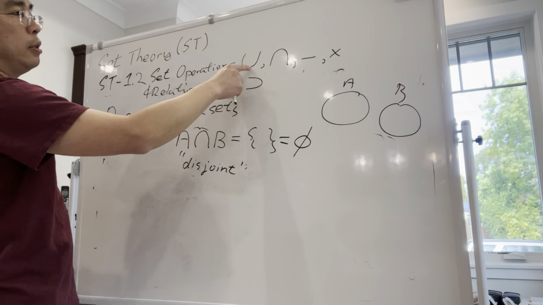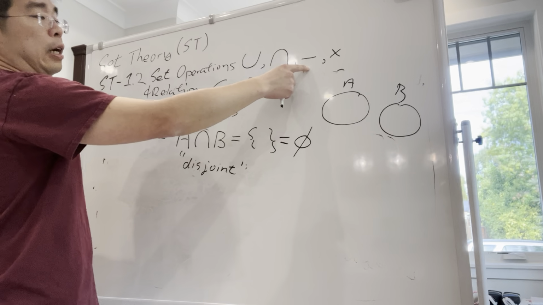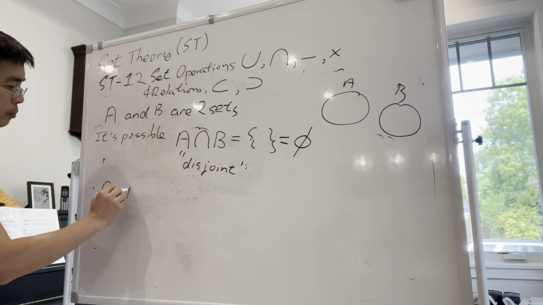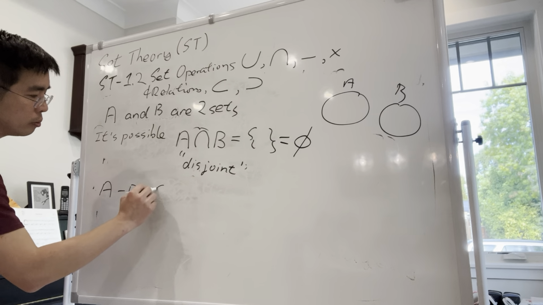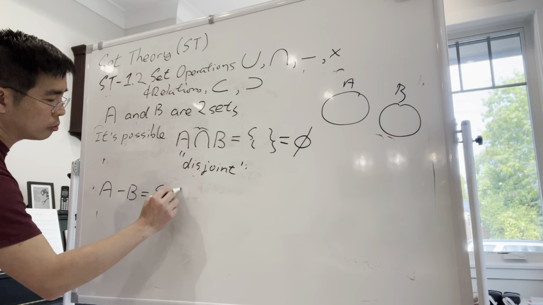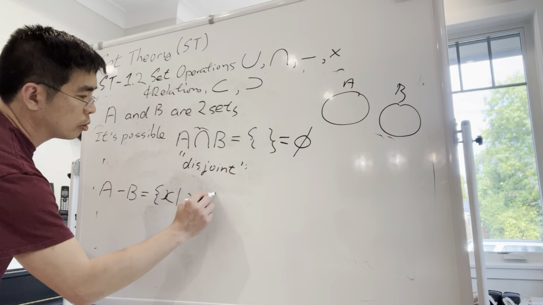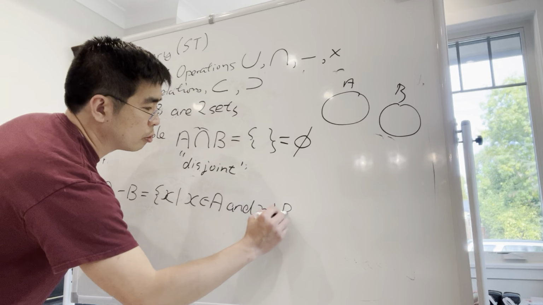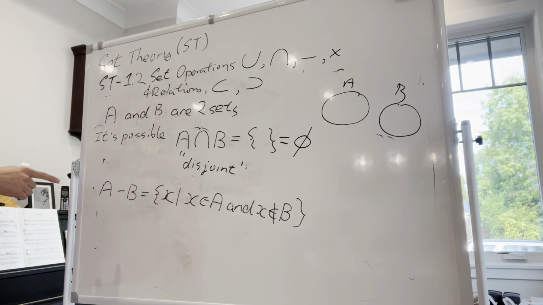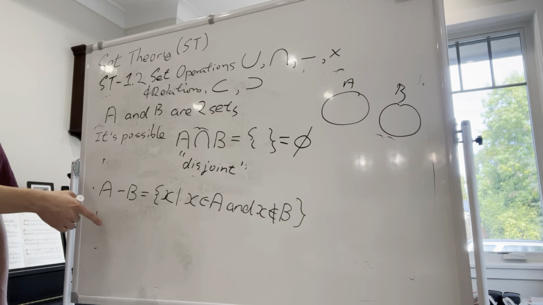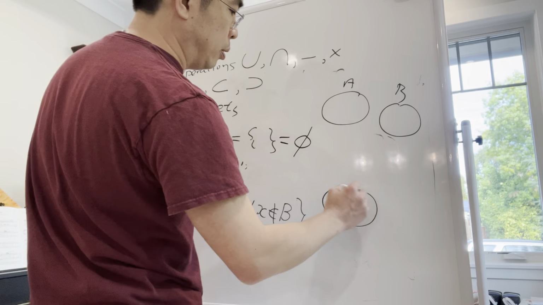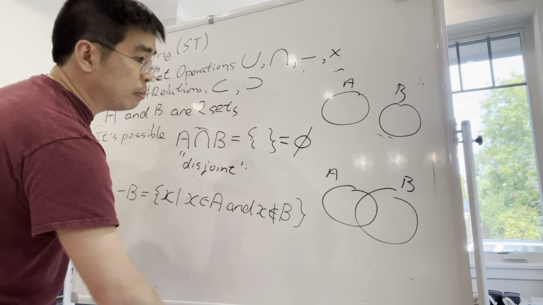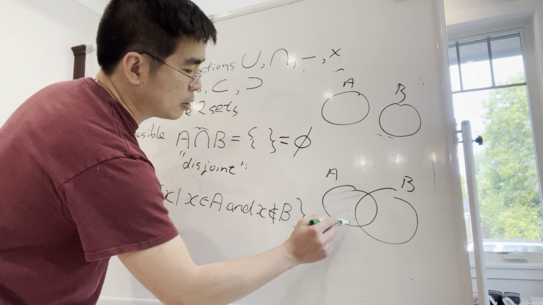So we talk about union, we talk about intersection. Let's talk about minus. So A minus B. Meaning the element is in A, but not in B. So using this example, in A, but not in B, that would be this, okay?